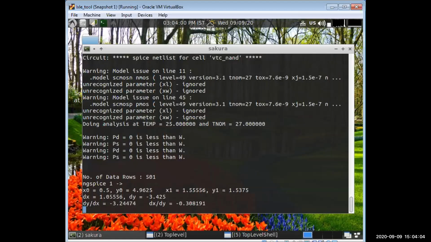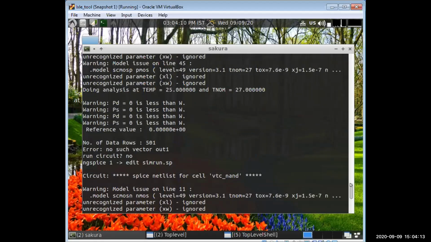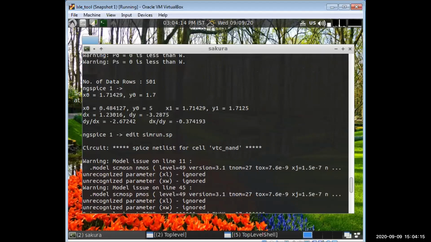Here the dx is 1.05 and here the dx was 1.23. In the previous case, I kept B constant and was sweeping A. In that case it was 1.23 and now in this case it is 1.05.